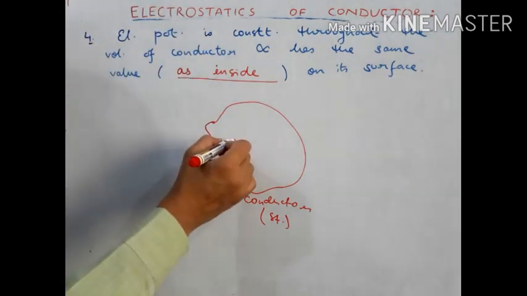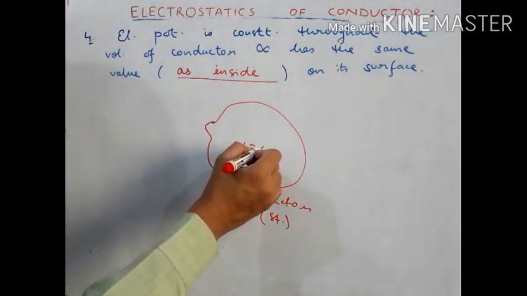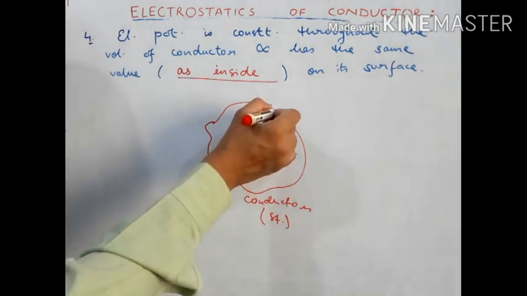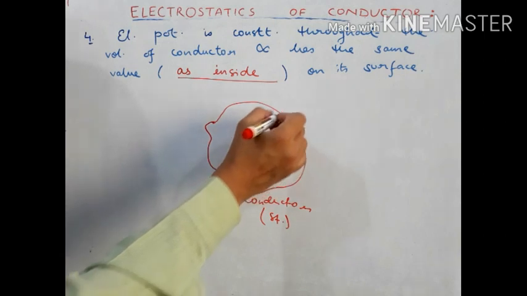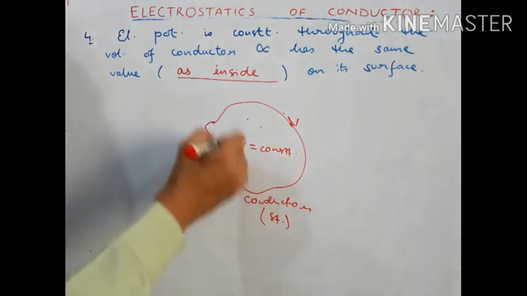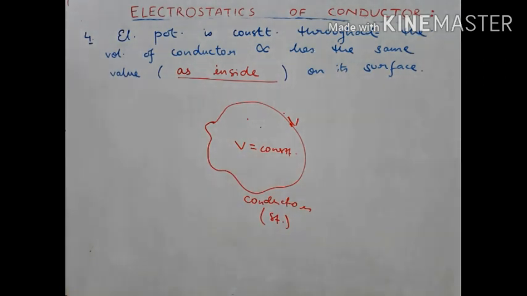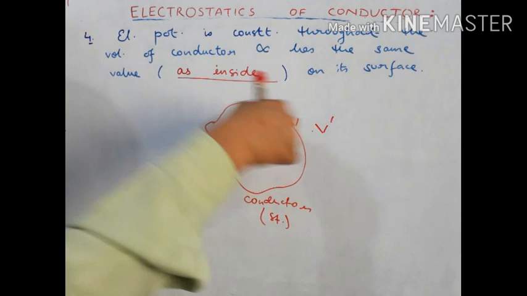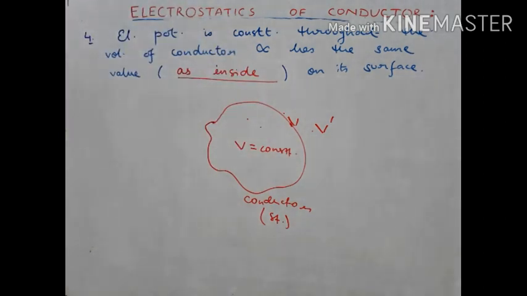We have to prove that inside the conductor the potential is how much? Constant, and it has the same value as its value on the surface. So this potential on the surface and for all points inside the conductor has the same value. Just outside the surface potential will change from V to some other value, say V dash. Now how do we prove that? It's very simple.